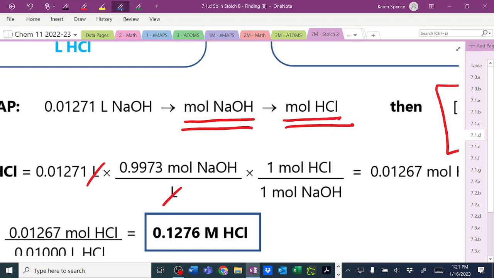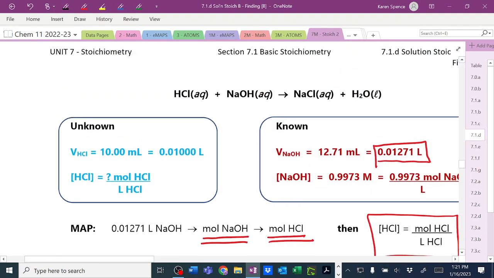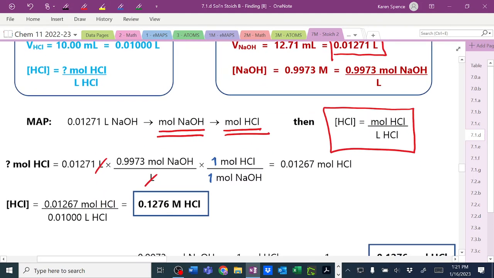Use the balanced equation to find 1 mole of HCl for every 1 mole of NaOH. Where's our balanced equation here? It is up here. Look, everything's 1 to 1 to 1 to 1. Super easy, yeah? So that's nice. Not everything's super easy, but at least that conversion is. We do that and we get 0.01267 moles of HCl.